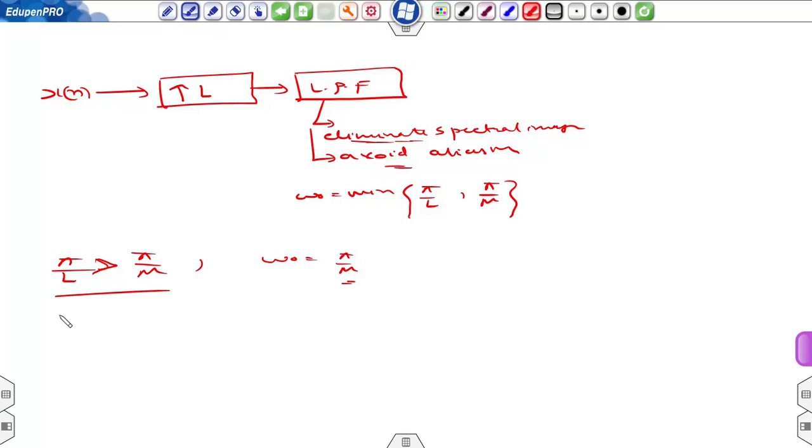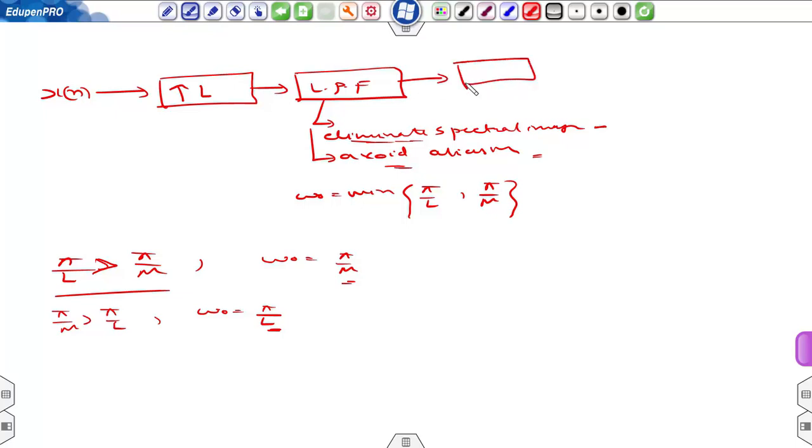Consider the second case: if pi by M is greater than pi by L, and you have chosen omega naught as pi by L, spectral images will be avoided, but there will be aliasing. That's why you have to choose the minimum of these two values, so both things are avoided simultaneously.